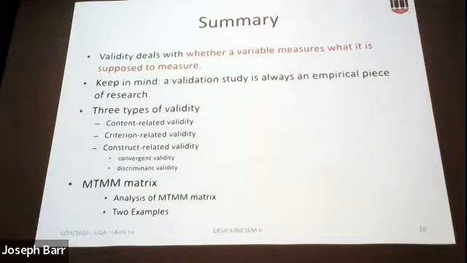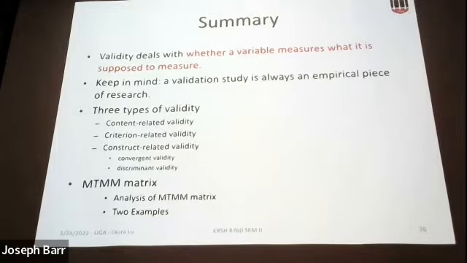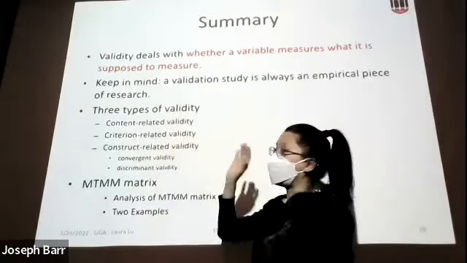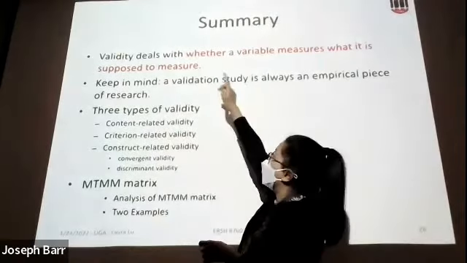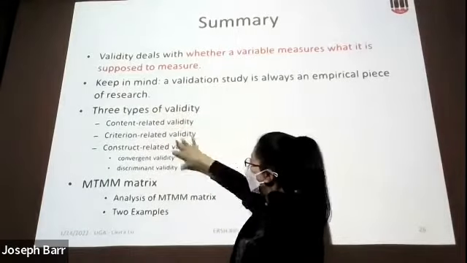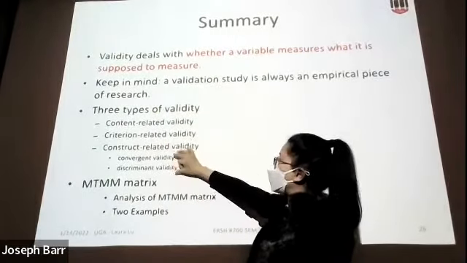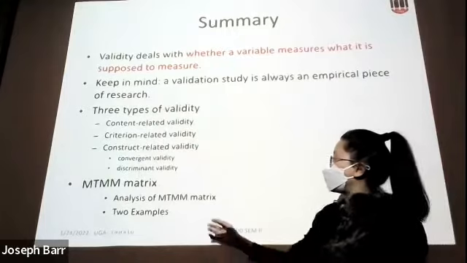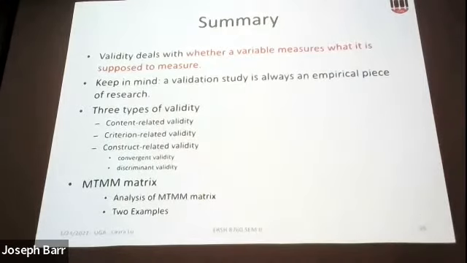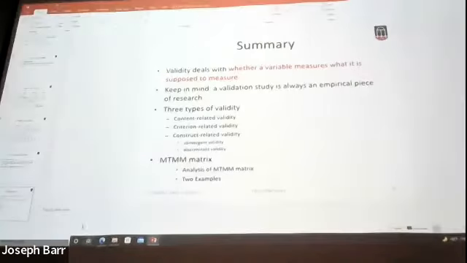We have a summary here. Validity deals with whether a variable measures what it is supposed to measure, and we have three types. In your homework, you can just describe the first part and also the three types. In the third type of validity, we also have two subtypes, convergent and discriminant. You can just talk about these definitions and descriptions.